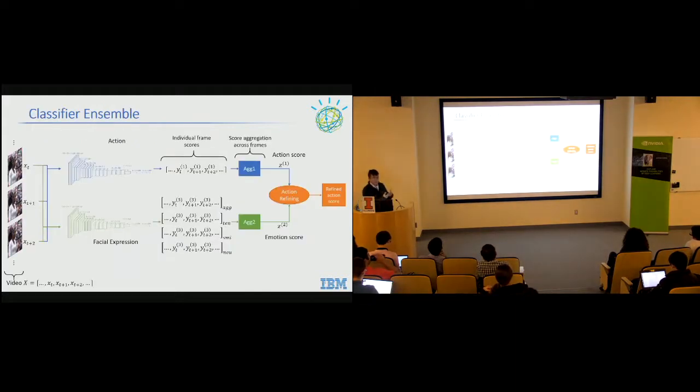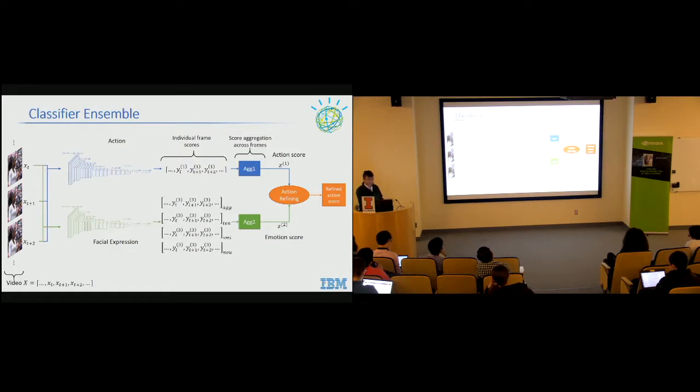So this is how we aggregate and combine the action and facial expression. Let X be the video clips with multiple frames X_T, and we feed them onto our 2 classifier models, action and facial expression. Each frame X_T will give a score Y_T, and these are the individual frame scores.